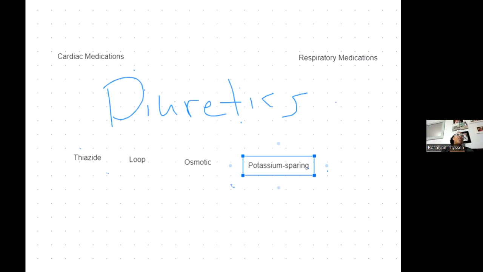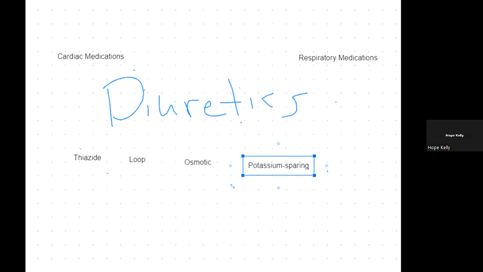So do I tell patients to eat a whole lot of potassium while they're on this medication? No. Because I worry about them collecting too much potassium. This is really good for those patients who we don't want to lose any more potassium, so we may put them on this potassium sparing diuretic.